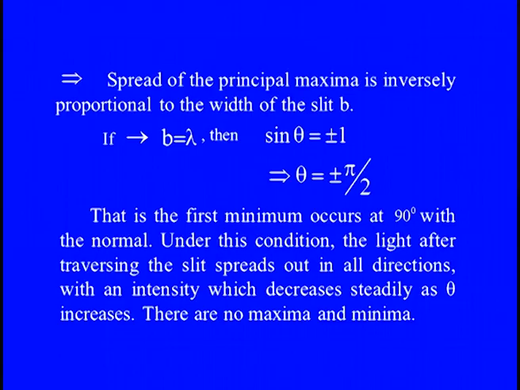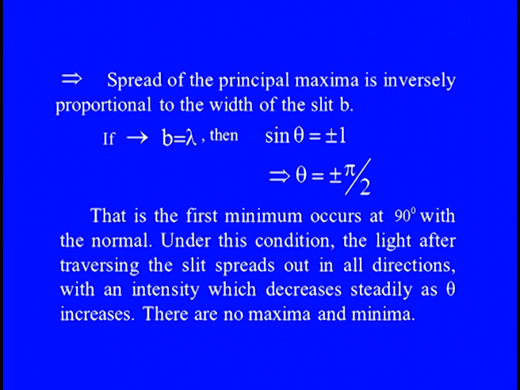So, from this equation we see that the spread of the principal maxima is inversely proportional to the width of the slit b. If we take b equal to lambda, then sin theta will be equal to plus minus 1, or theta equal to plus minus pi by 2.